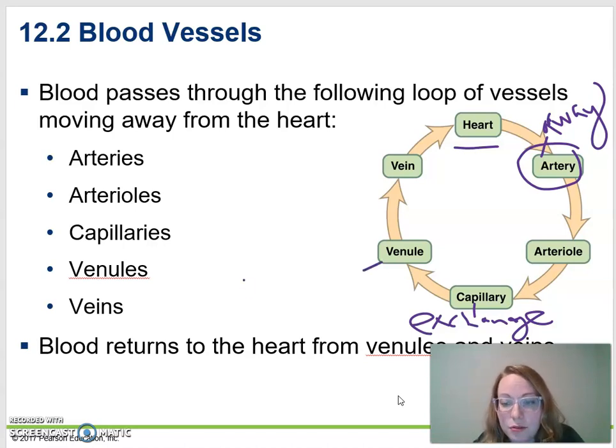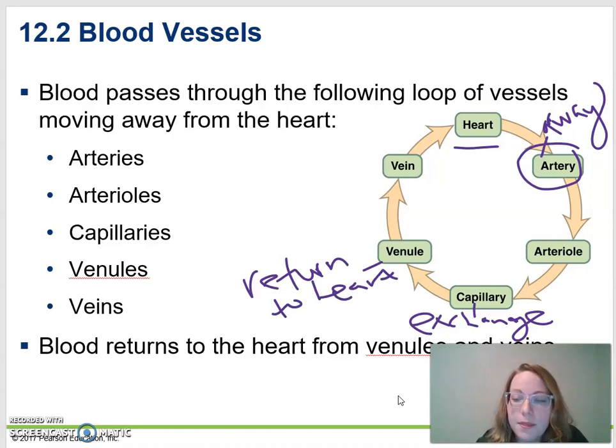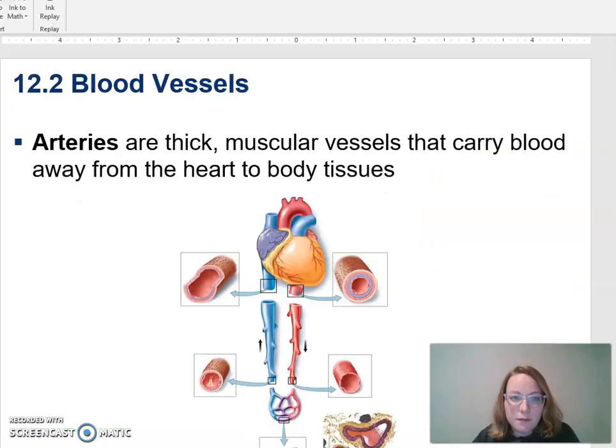So venules are small vessels that are going to merge into veins. And the veins go towards the heart, right? Arteries away, veins towards. So we're going to look at each of these parts in a little bit more detail.